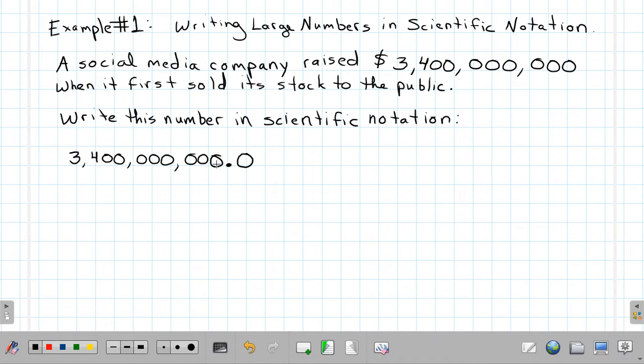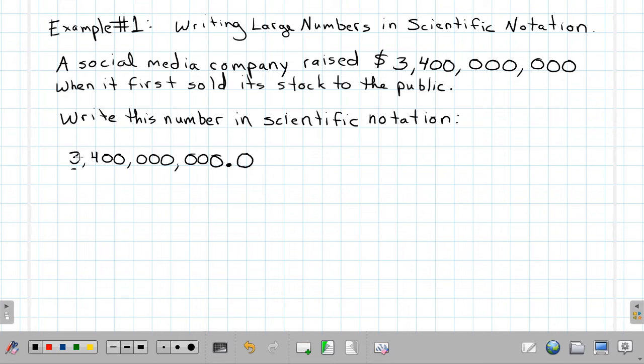So we can rewrite this as 3,400,000,000.0. Okay, not to confuse anybody there, but once again, knowing where the decimal is important. So it's after the 0 that's in the ones place. Okay. Now what we do is we move the decimal place until it's after the first non-zero number. So if you look at this number, the first non-zero number is going to be the 3.